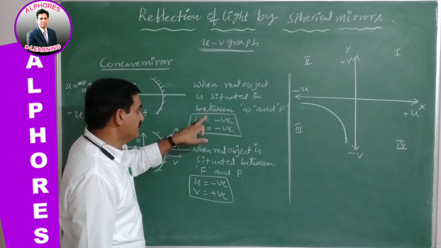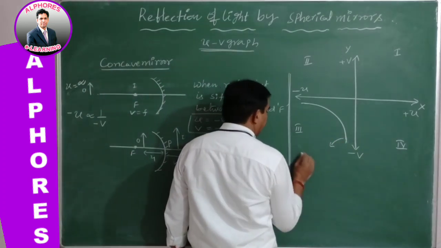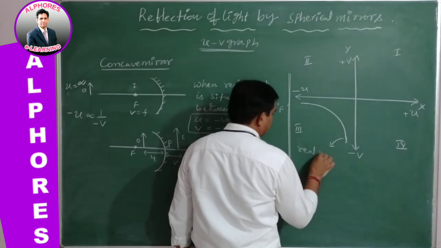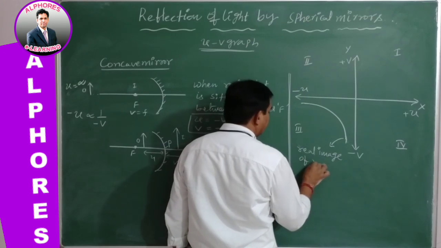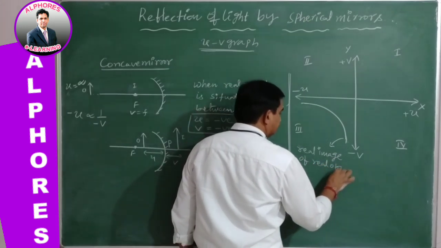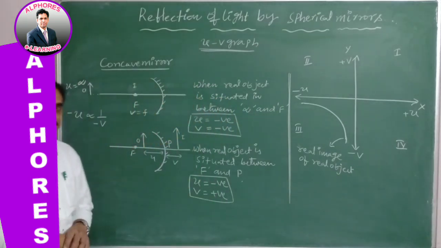Image real, object real. Therefore, this is a real image of a real object.